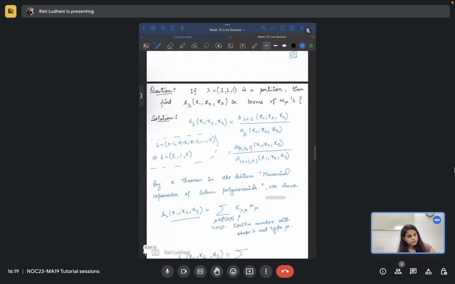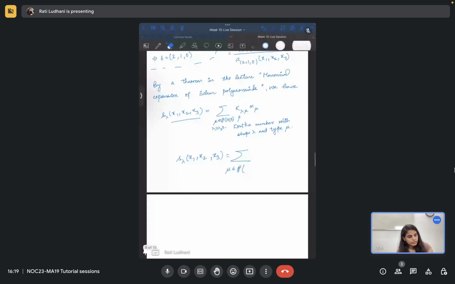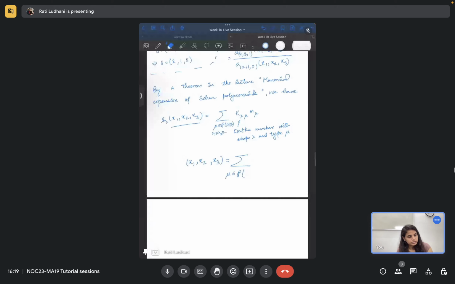So I'll write here also (2, 1), and the sum will be 5. So P(5, 3), because there are 3 variables, n equal to 3, summation of k lambda mu and m mu. As I said, the first letter will represent shape and the second one will represent type.